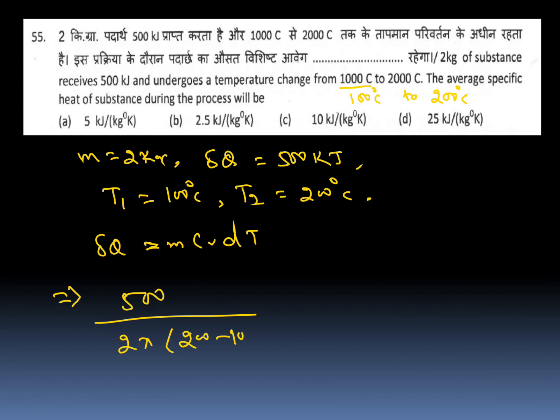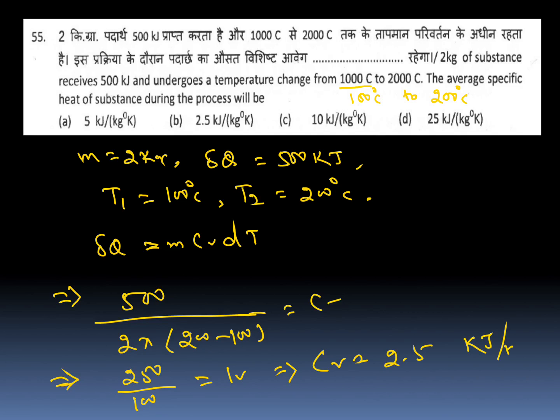It's equal to Cv. Then 250 divided by 100, so Cv equal to 2.5 kilojoule per kg Kelvin. So option B is your answer.